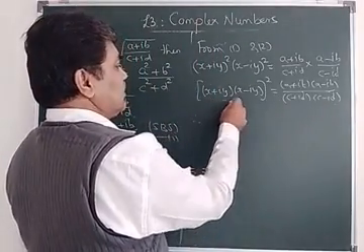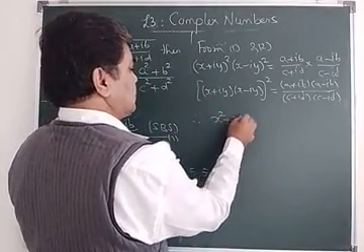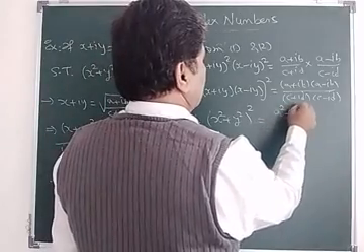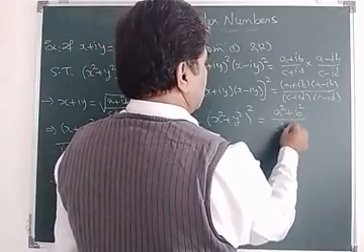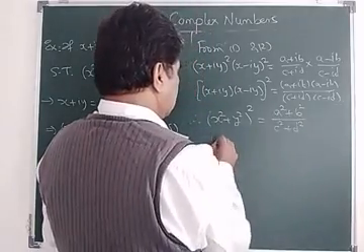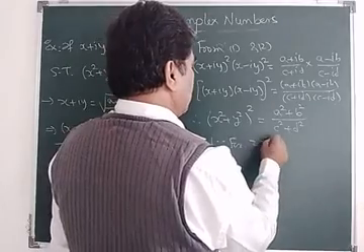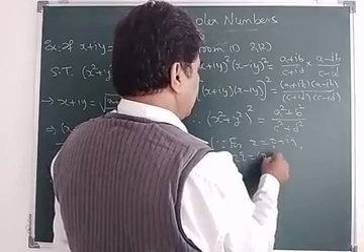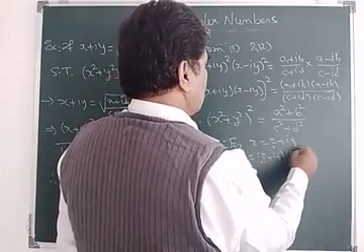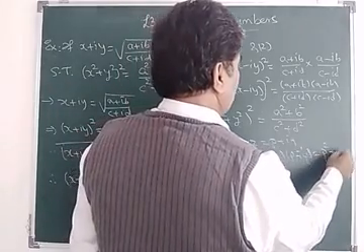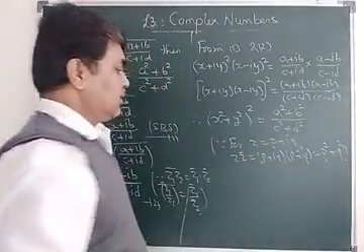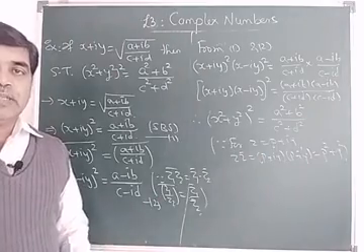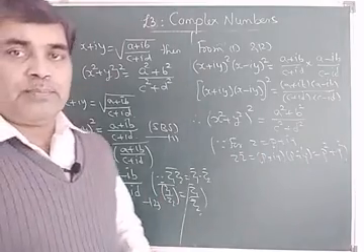This is nothing but (x square plus y square) whole square is equal to (a square plus b square) upon (c square plus d square), since for z equal to p plus iq, z into z bar is (p plus iq) into (p minus iq), which is nothing but p square plus q square. We are just using this result. So that's why the properties of complex conjugates also play a very important role while solving the example.